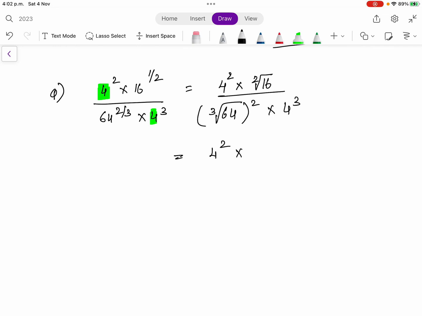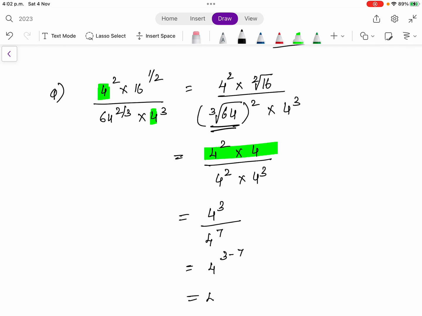So 4 square times 4, square root of 16 is 4. And then cube root of 64 is 4, then again it is 4 square times 4 to the power of 3. Now it is simple simplification. So I'll simplify the numerator, which is nothing but 4 to the power of 3 divided by 4 to the power of 7, which is equal to 4 to the power of 3 minus 7, which is equal to 4 to the power of minus 4.